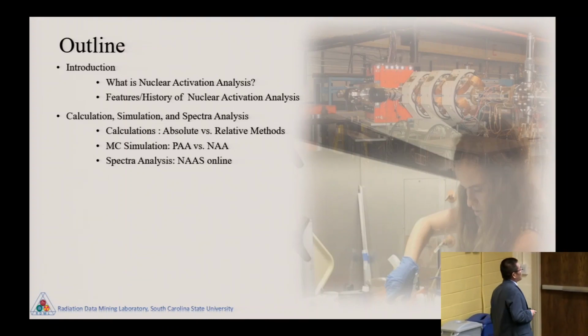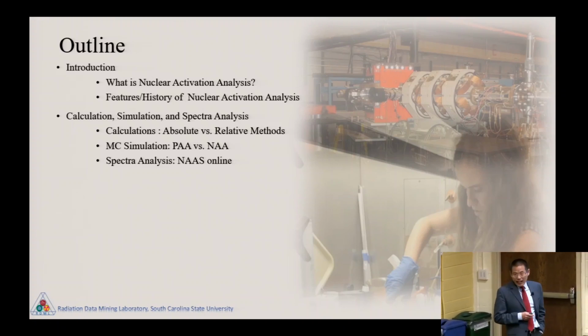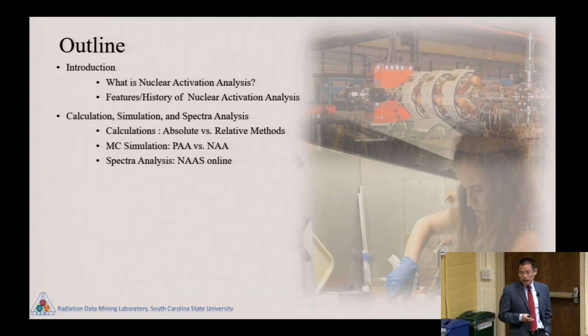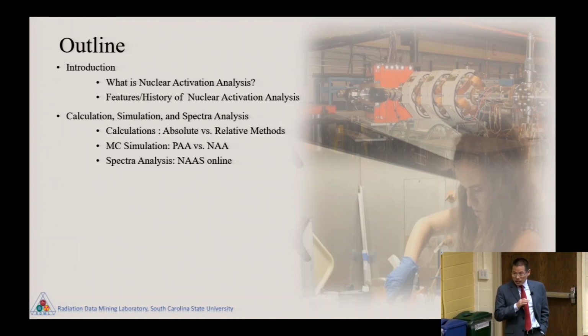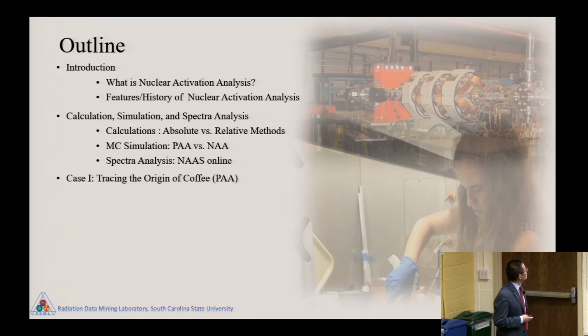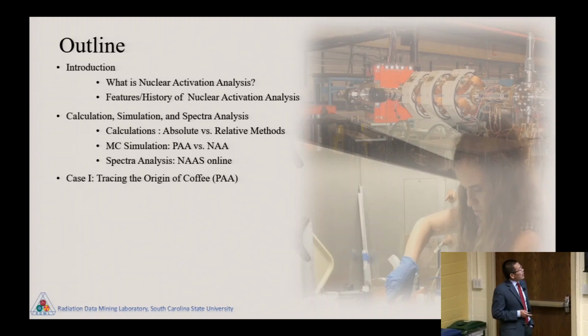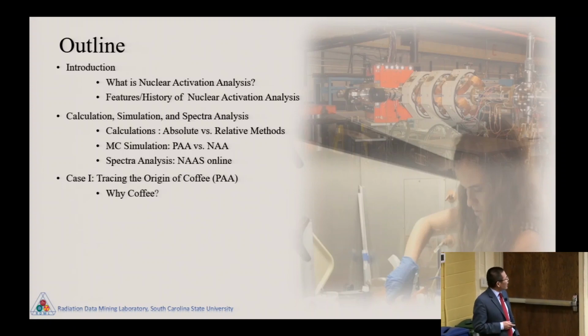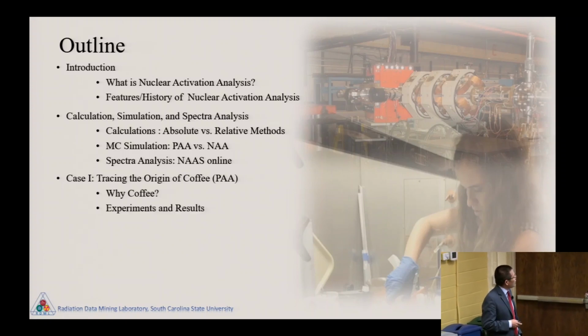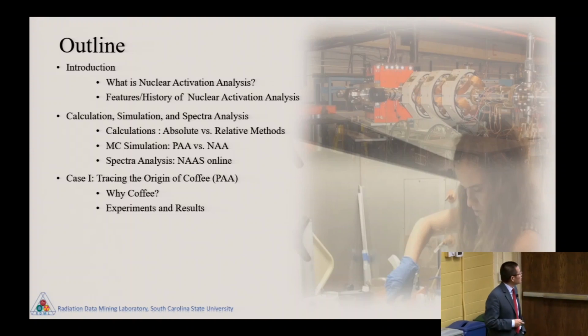Then we talk about NAA Online. It's a web-based software we designed to calculate nuclear activation analysis. Case 1 is tracing the origin of coffee with the photon activation analysis method, and why we study coffee, and the experiment and results.